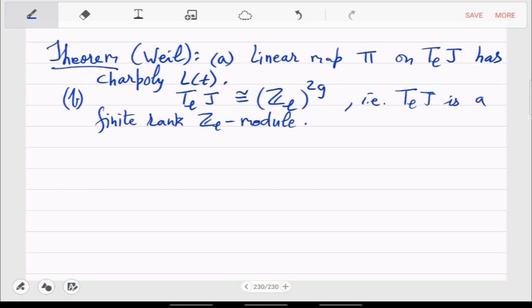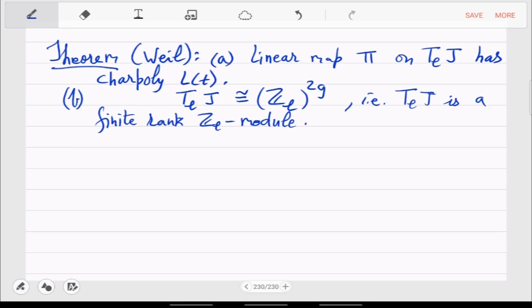So whatever power you see, that part of TL J is actually just a direct sum of, say, Z mod L to the i. And even in the L-adics, it's actually a finite rank ZL module.